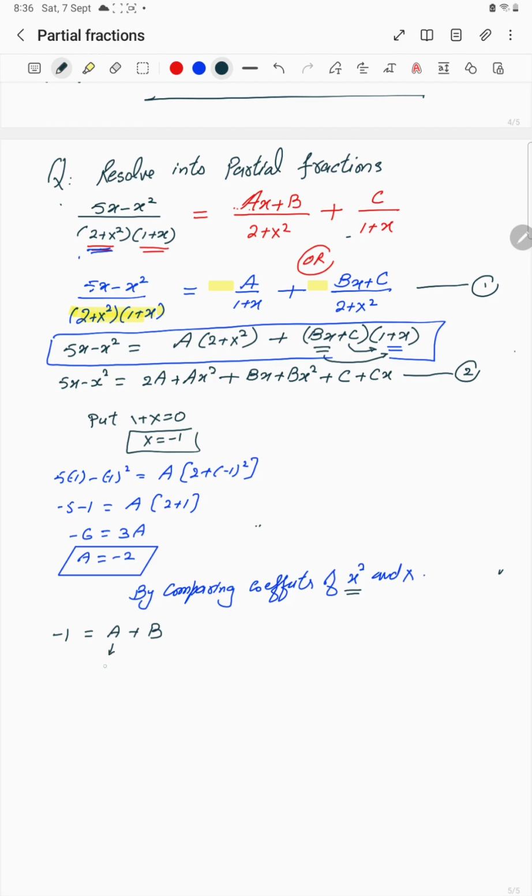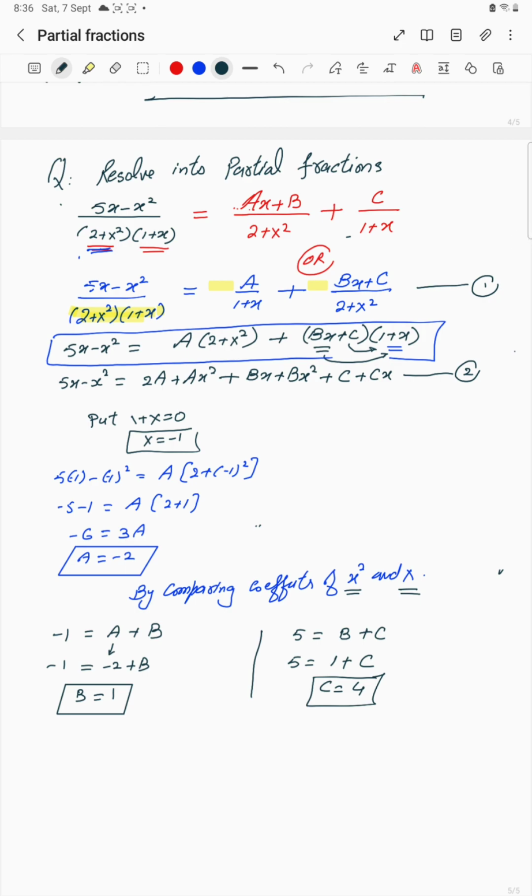Already we have calculated a, that is minus 2, so b goes to be 1. And when you compare the coefficient of x, on the left hand side we have 5 and on the right hand side we have b plus c. b we have already calculated, so replacing the value of b here, c goes to be 4. So these are the unknowns which we were supposed to find to resolve the question into partial fractions.